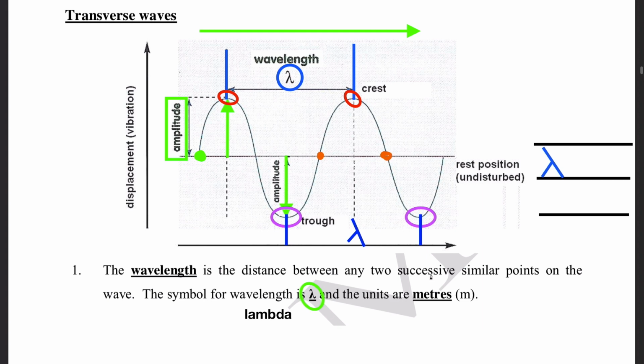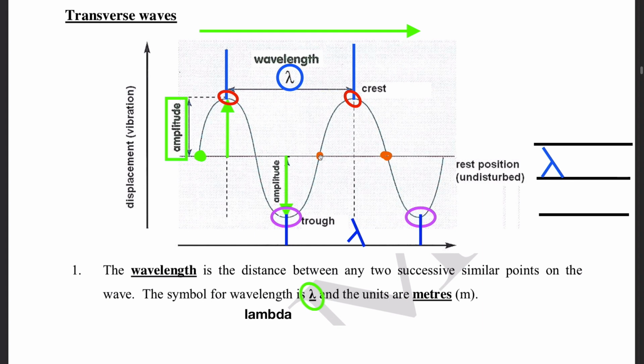The definition is the distance between any two successive similar points, and by similar we mean if in the one over here, it is at the rest position but it is going up, then for me to take one measurement of a wavelength, I have to find another spot that is at the rest position and it is going up.